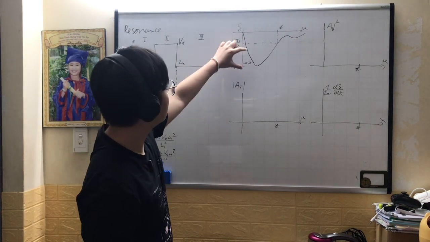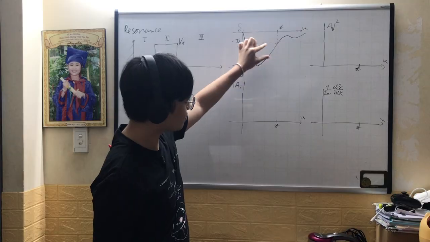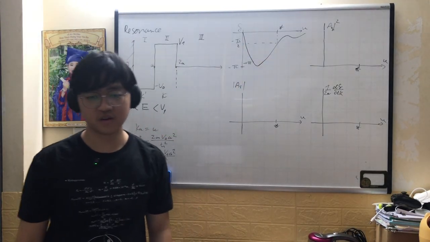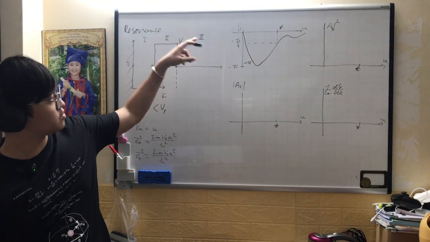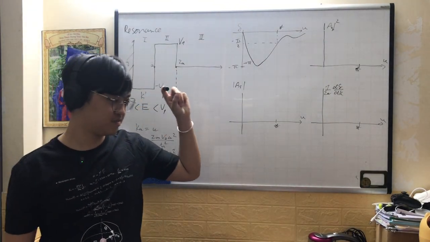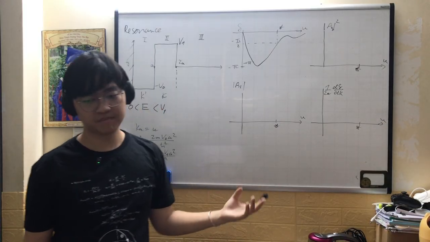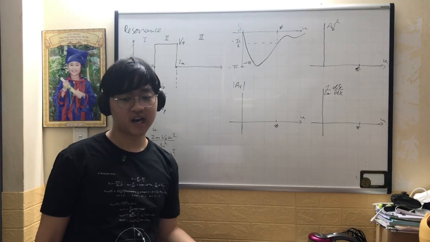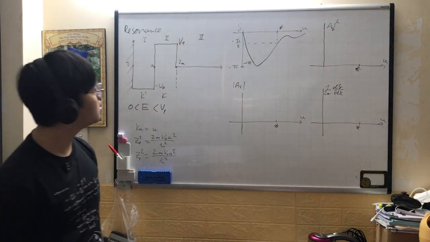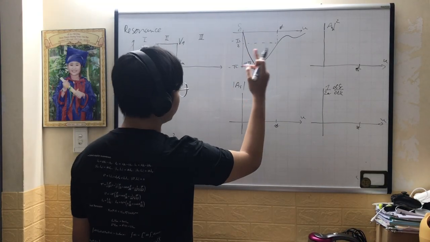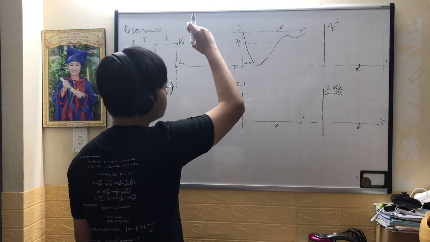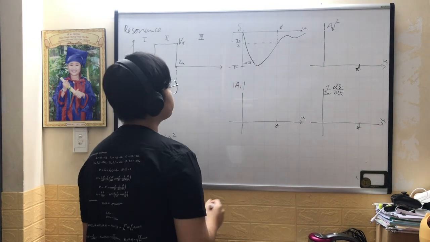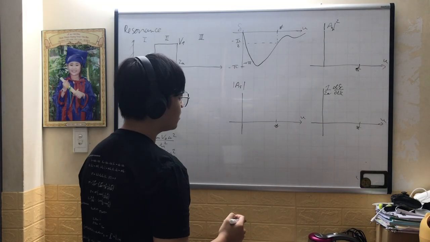So the easiest way for you to spot resonance is when your phase here jumps by approximately pi. As we increase the energy, the phase is gonna dip to around pi, then it's gonna jump up. That would be the sign for resonance.